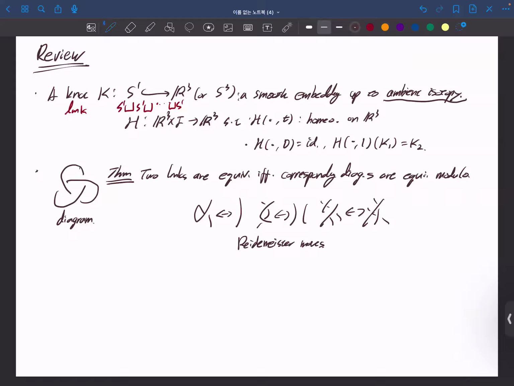So our goal is to distinguish knots, and to achieve that goal, we study invariants. Invariants are, simply speaking, maps from the set of links to some set.